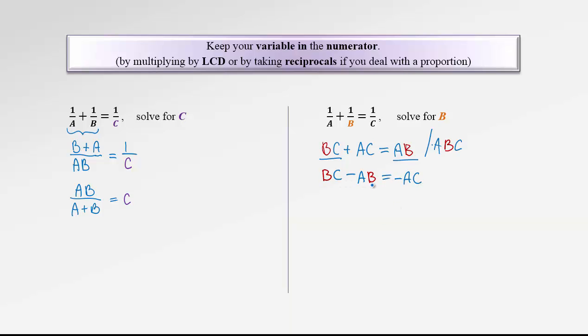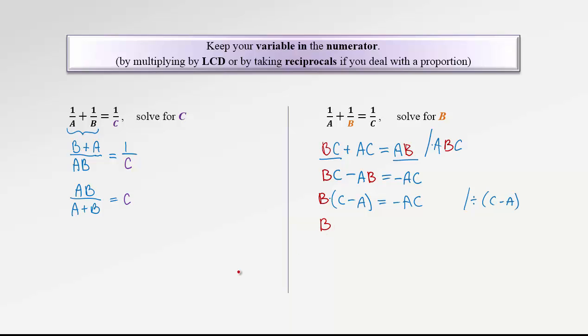Finally, let's bring b to one place by factoring it. So let's pull the b out of the bracket, and in the bracket we have c minus a equals negative ac. To leave the b by itself, we need to undo this multiplication, so let's divide the whole equation by c minus a.